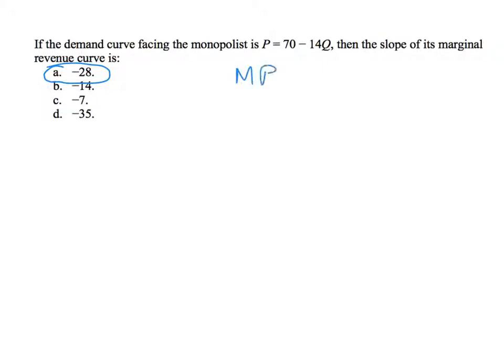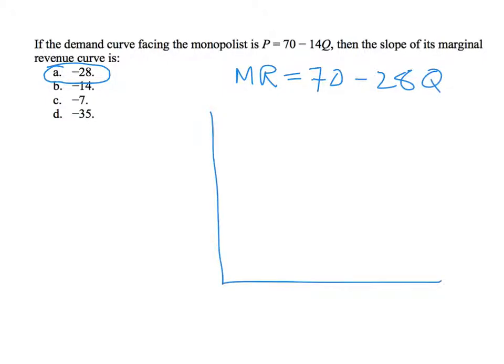So the marginal revenue function would be 70 minus 28Q. And graphically, that would look like this.